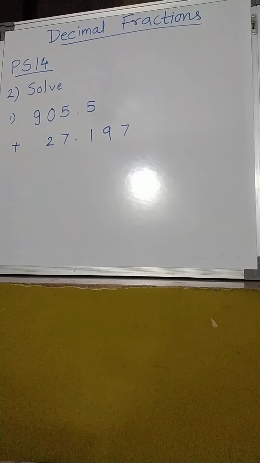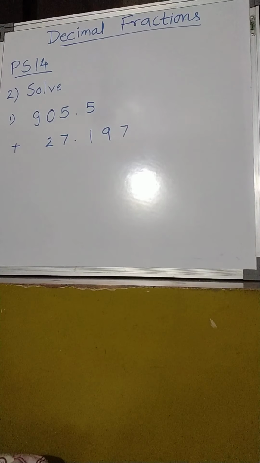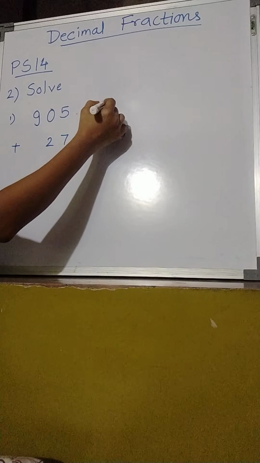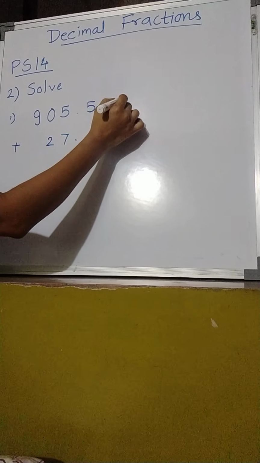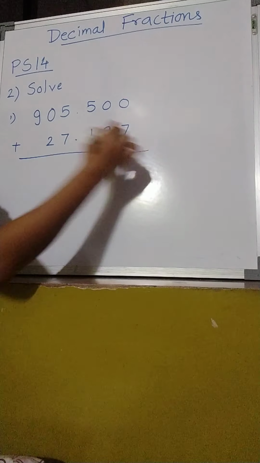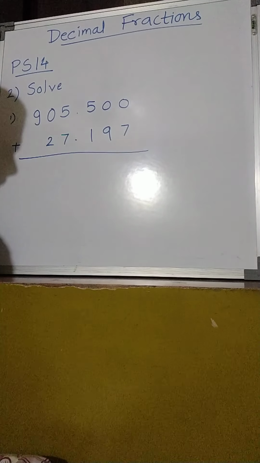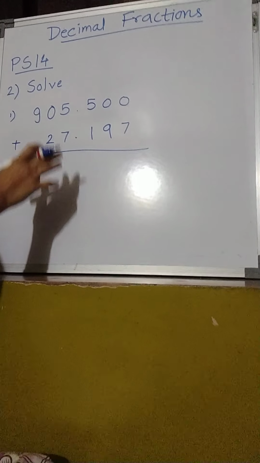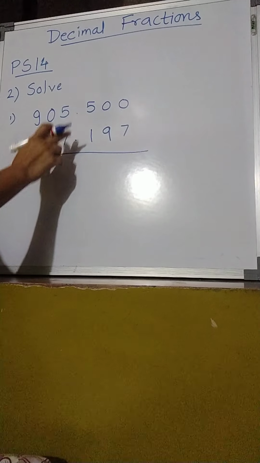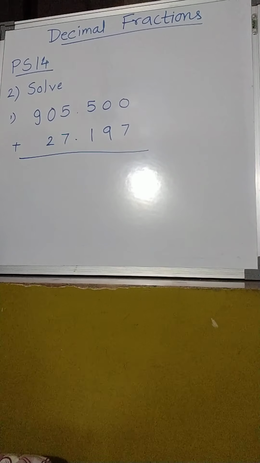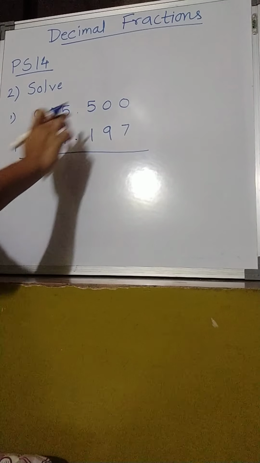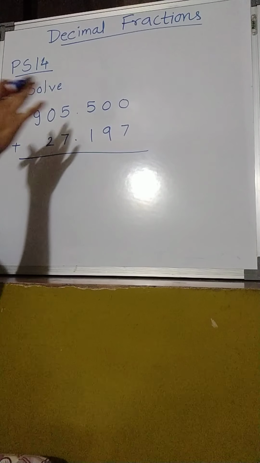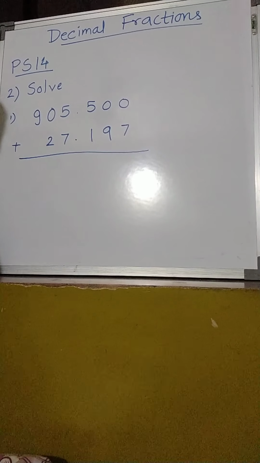Now see here, when there is no number you write 0 here. Okay, always remember, whenever you are writing your decimal fraction, you always write your decimal number like this. Okay, whether one number is there, you write it on first place only.